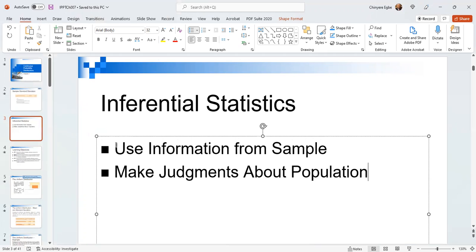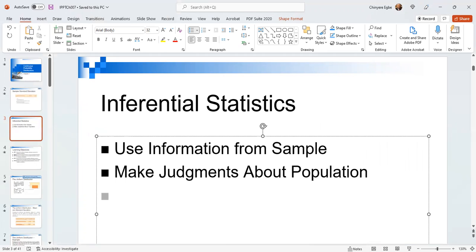So last time we defined sample and we defined population. We explained why we use sample information to make statements about population. Okay?